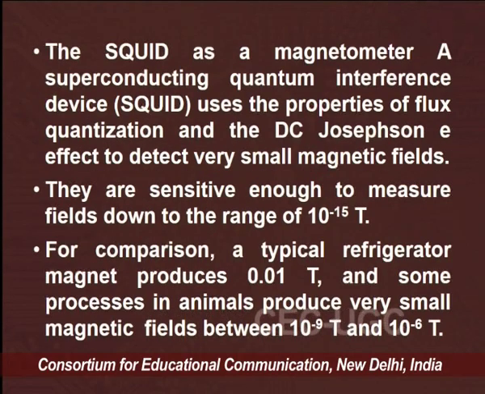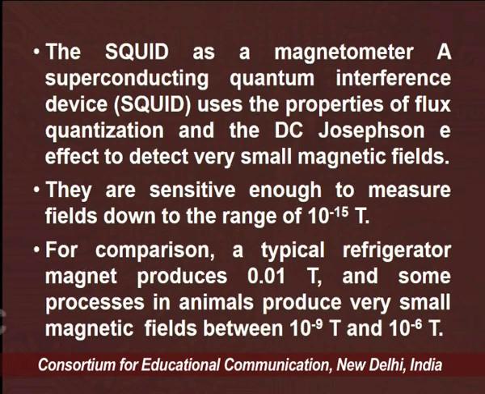So, the SQUID as a magnetometer, a superconducting quantum interference device, uses the properties of flux quantization and the DC Josephson effect to detect very small magnetic fields. Means the SQUID works on the flux quantization as well as the DC Josephson junction.